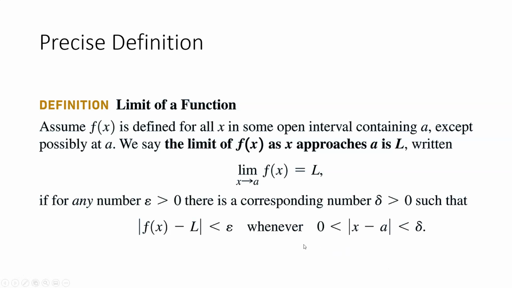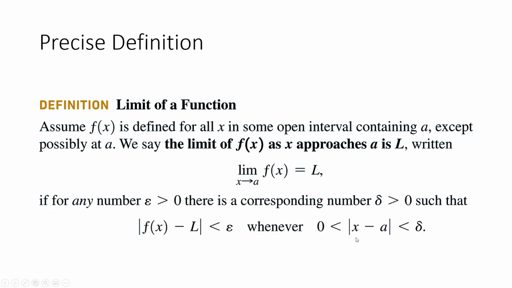And because this definition is a lot more formal, this is the definition that you would use if, for instance, you wanted to make a proof about a limit, or if we had some general statement about a limit.